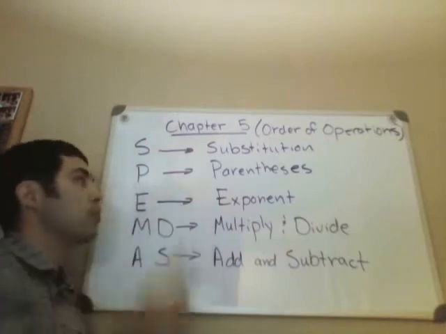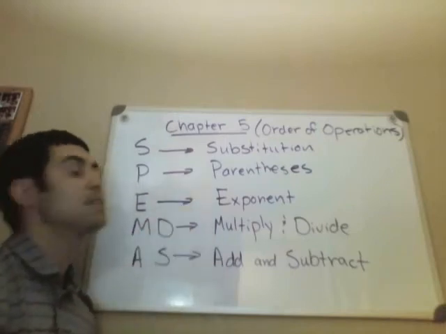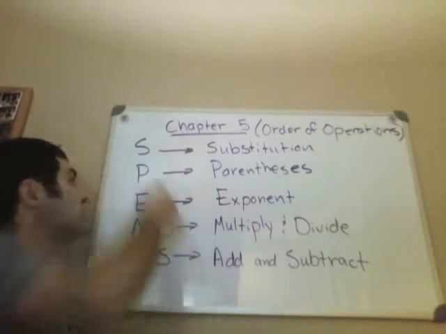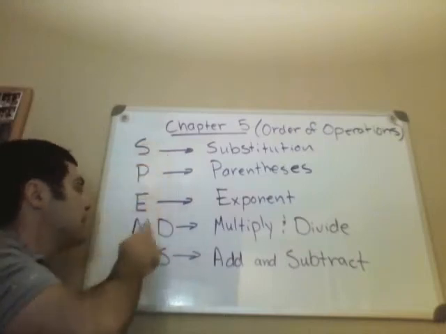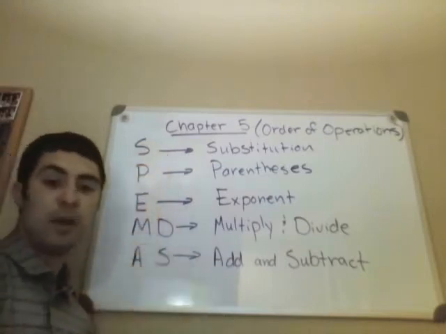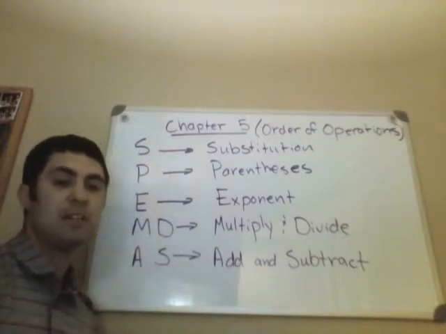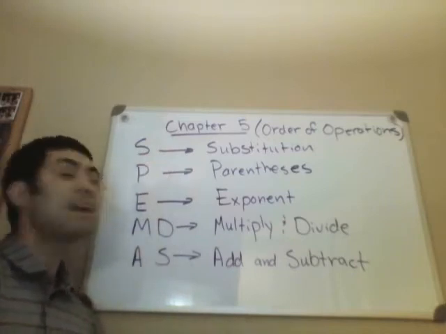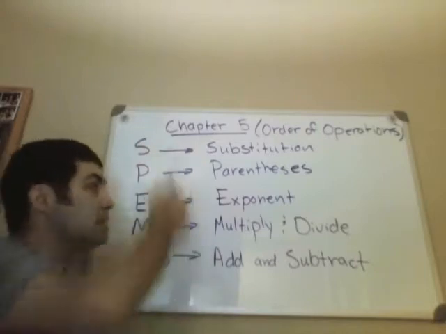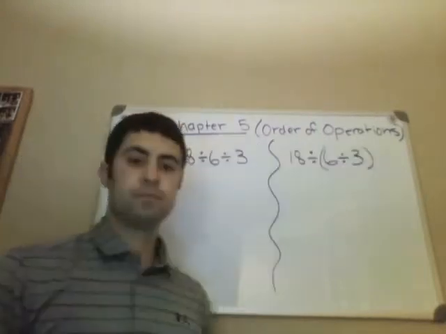We'll talk about that more later, but I had students in the past come up with funny little sayings like, stupid people eat my donuts and salad. I don't know why you're eating donuts and salads together. I guess your good deeds will outweigh your bad deeds. But be that as it may, this is the order of operations.